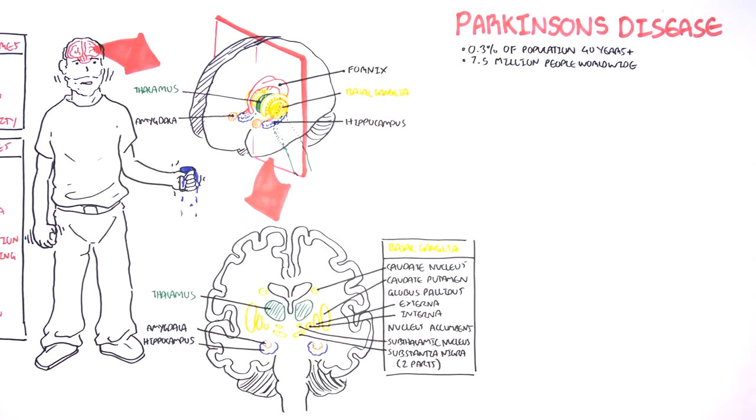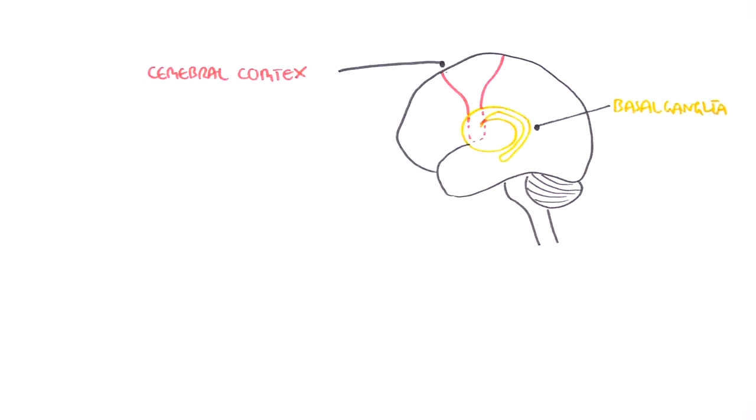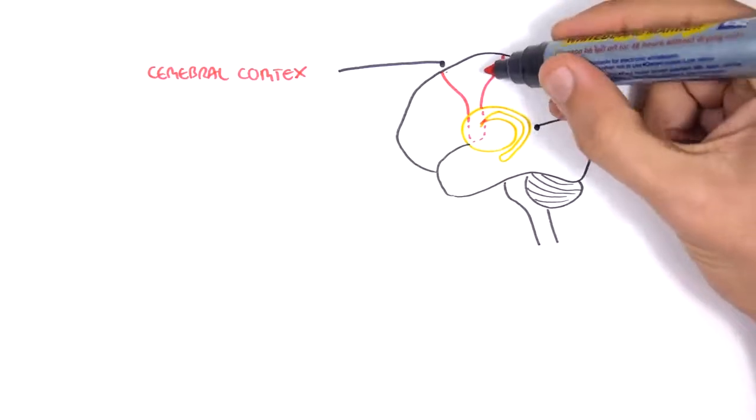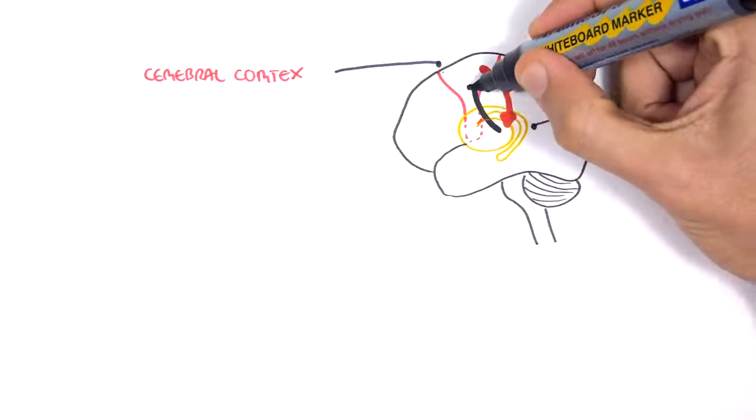So what does the basal ganglia do? Let's have a quick general overview of what it does. Here again we have the brain, and this yellow structure is the basal ganglia. Essentially what happens is the cortex, when it wants to initiate a movement, will send signals first to the basal ganglia, and the basal ganglia will send signals back to the cortex, particularly the motor cortex.